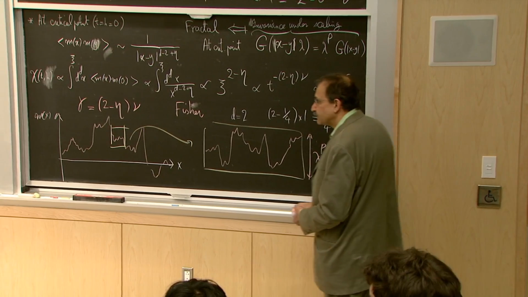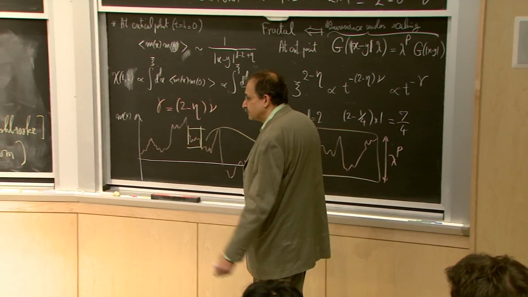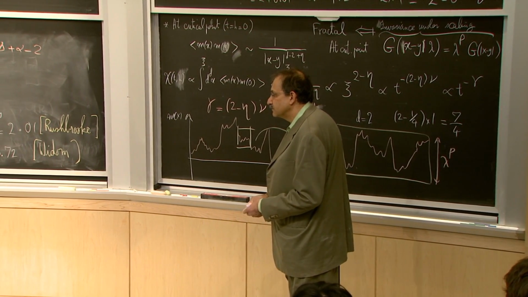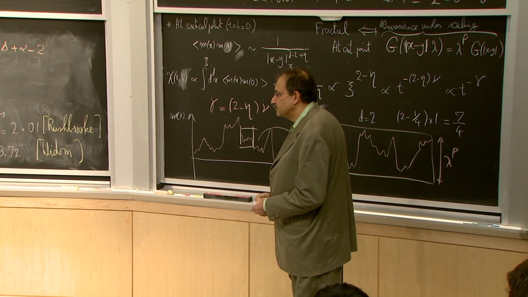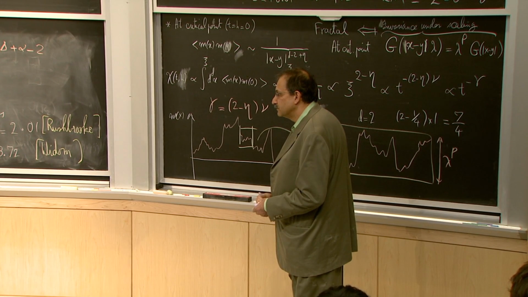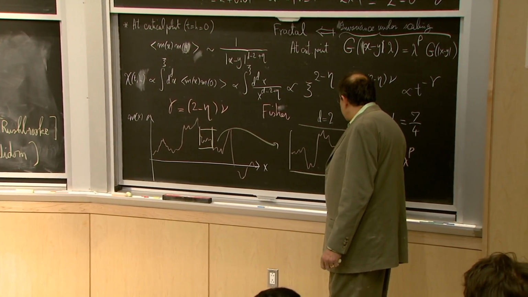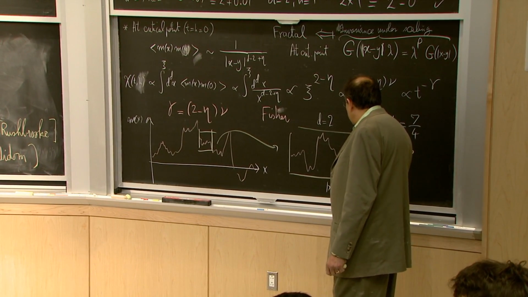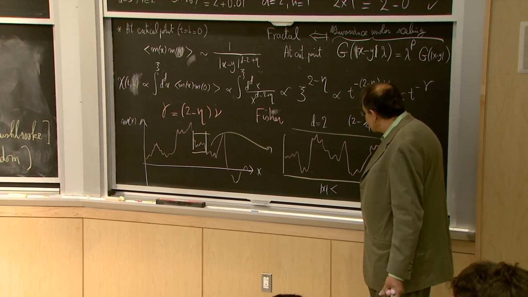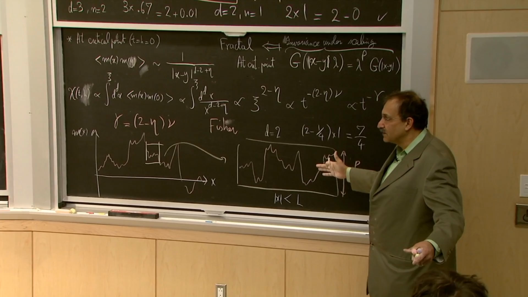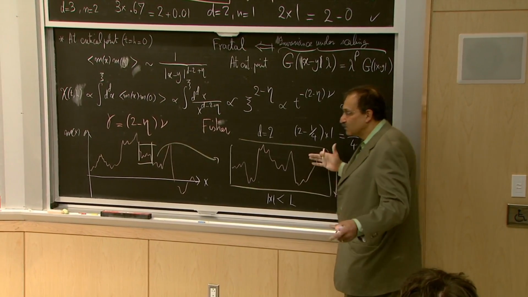Yes? Under what length scales are those self-similarity properties evident, and how do they compare to the length scale over which you're doing your coarse graining for this field? Okay, so basically we expect this to be applicable presumably at length scales that are less than the size of the system, because once I get to the size of the system, I can't blow it up further.